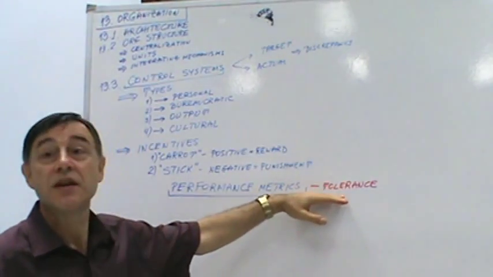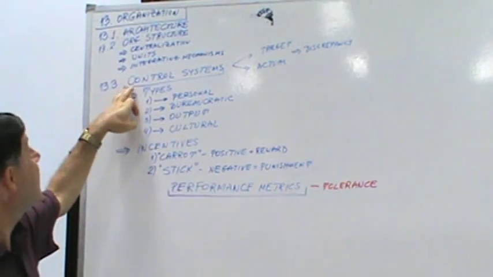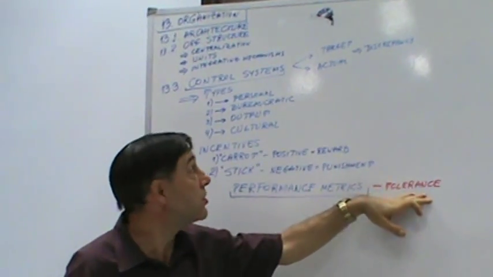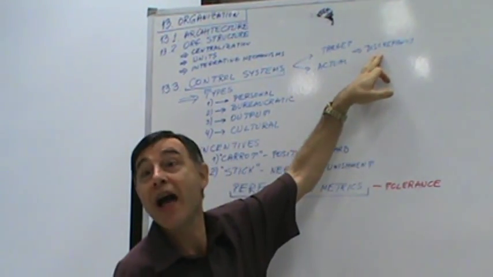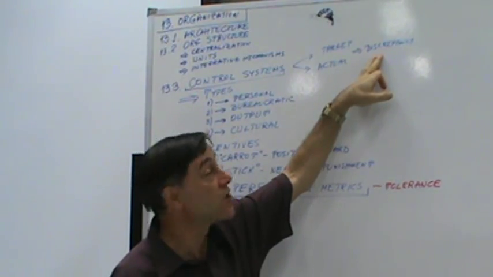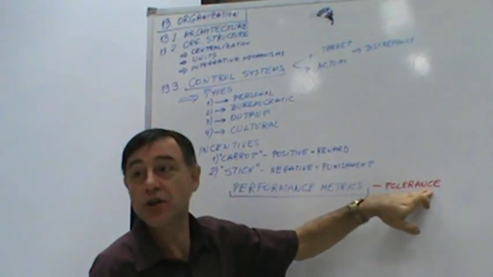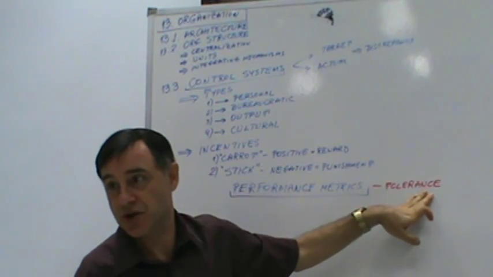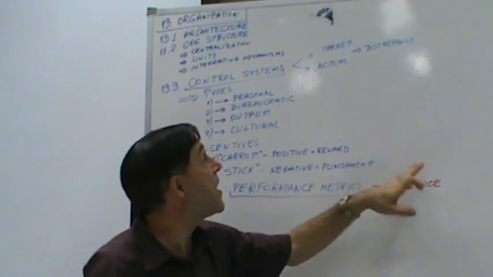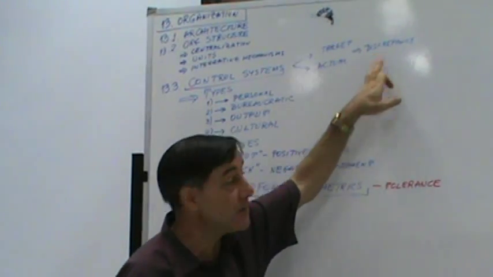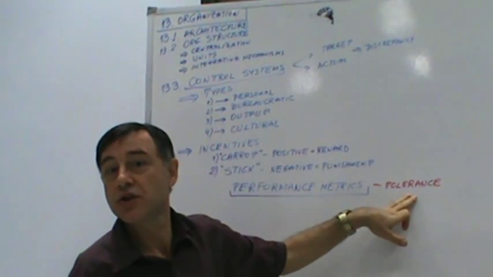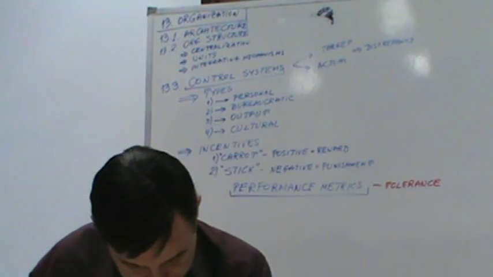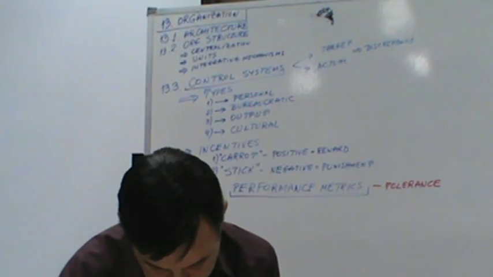So any type of incentive and control system has to have a tolerance. Discrepancy is what you actually observe as a deviation. Tolerance is what is acceptable as a deviation. And you compare the actual discrepancy to the tolerance. Okay. Let's see what else I have here.